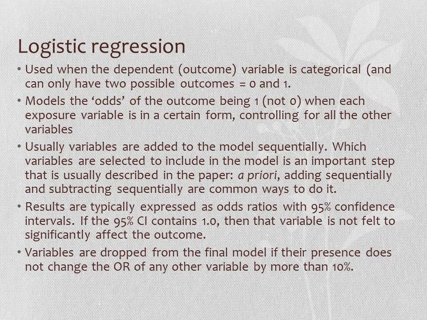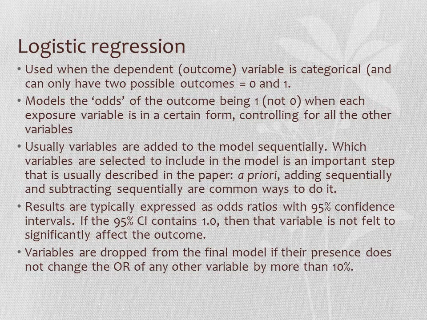So the important thing about logistic regression is that when you read a paper that used it, what they will talk about is how variables were added to the model. And the important thing to think about here is when you're putting a bunch of multivariate variables into this model and saying, well, we want to look at how a whole bunch of things affect the outcome, you can't just put every single one in there, because that junks up your equation and it increases the risk that you'll find something that's statistically significant, but it's really not true, just through chance.